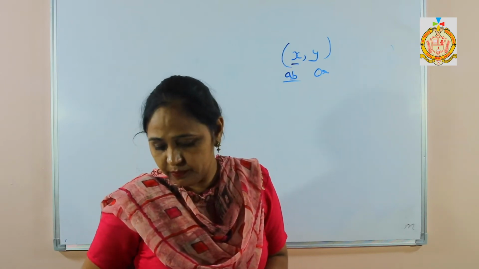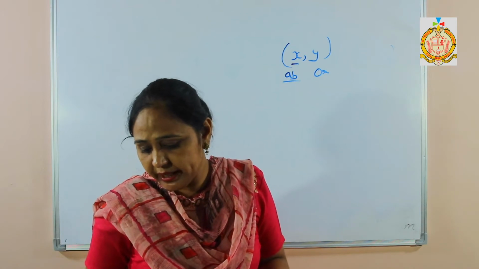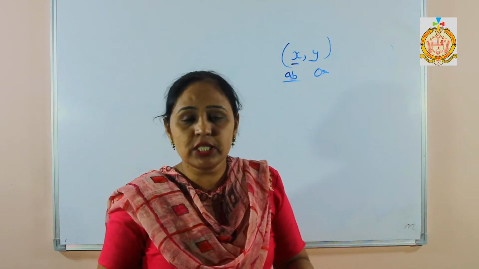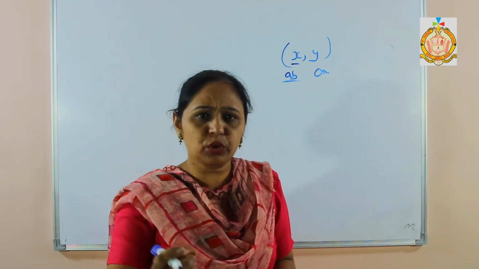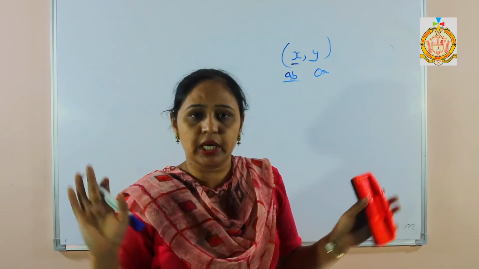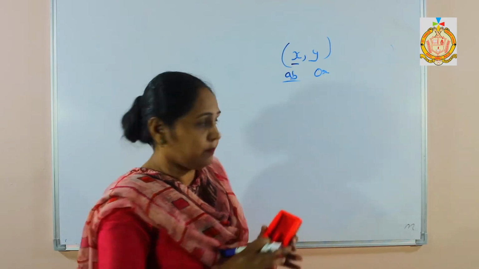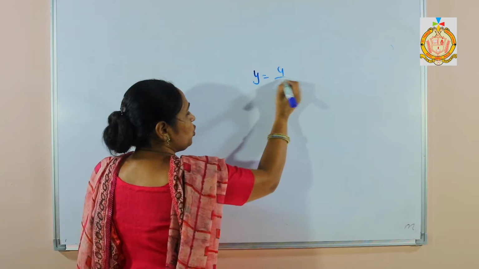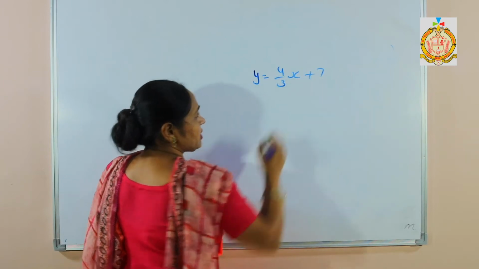Now in this first sum, name the dependent or independent variable. Dependent means who depends on someone. Independent means I am not depending on anyone, I am alone, I can do anything. Now in this sum, y equals 4 upon 3 x plus 7 is given.